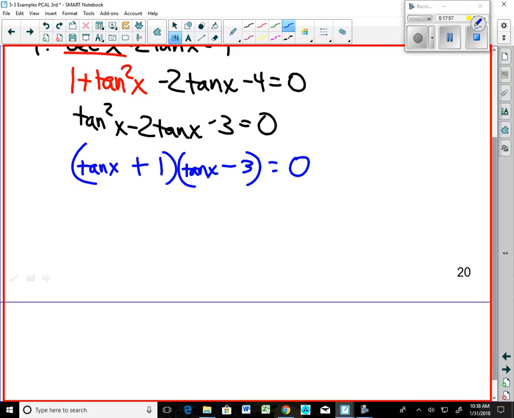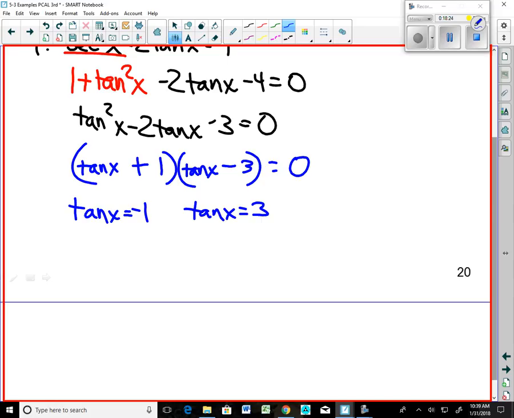And so then my two situations are that the tangent of x equals -1, and the tangent of x equals 3. This is specifically using inverse functions to solve these.